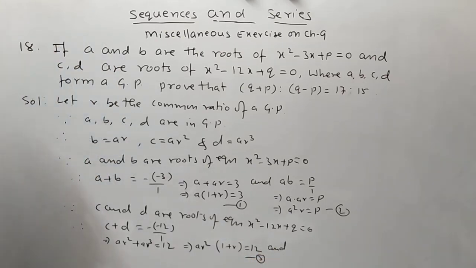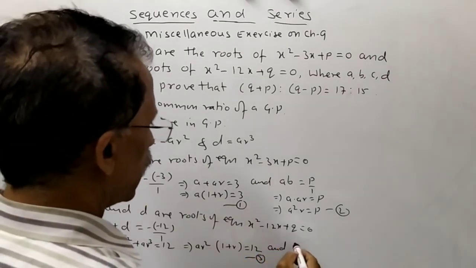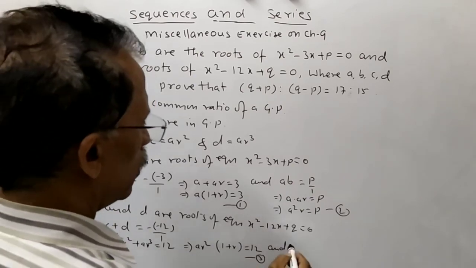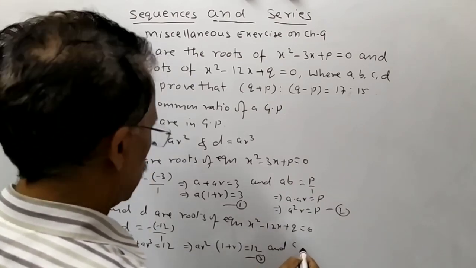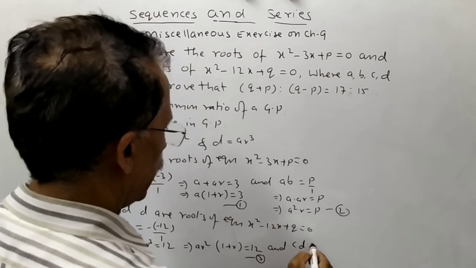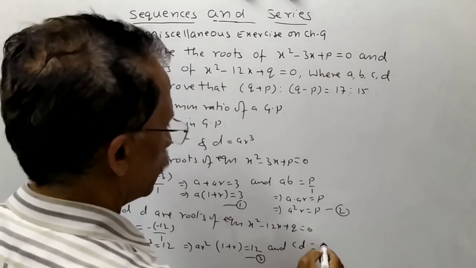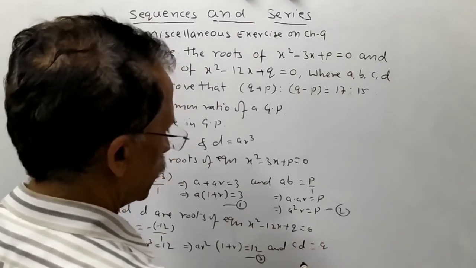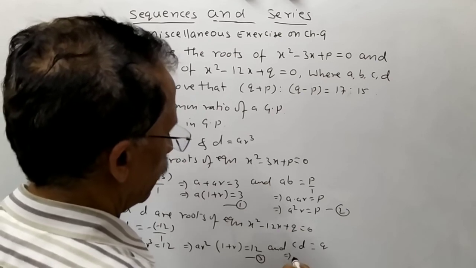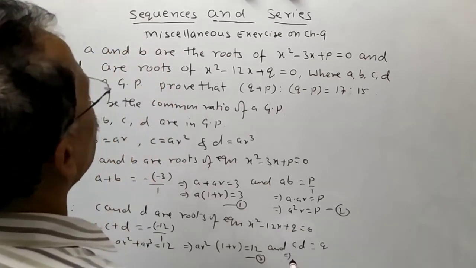And product of roots, that is C into D is equal to q by 1, that is q, implies what is C?